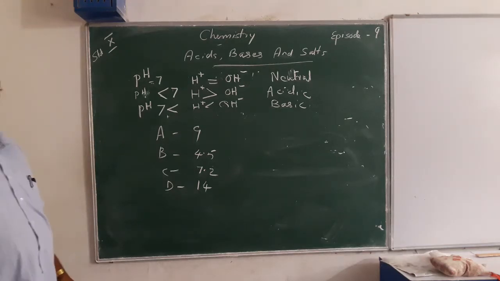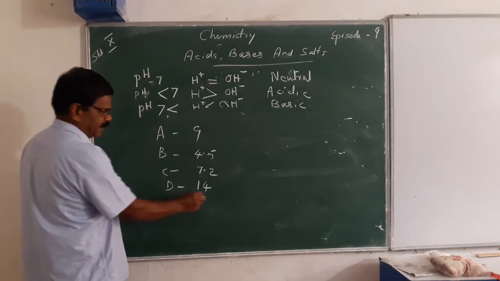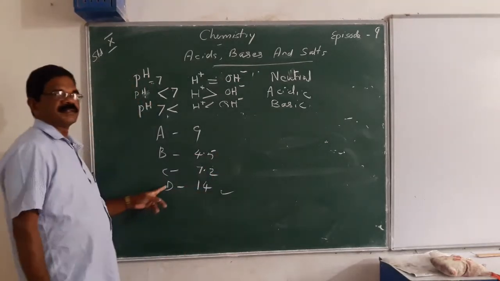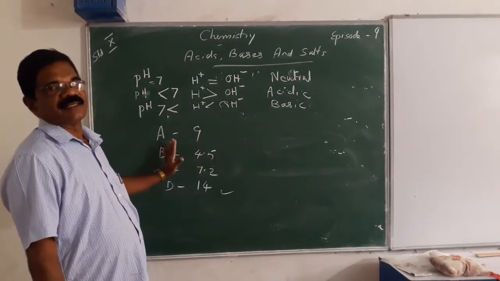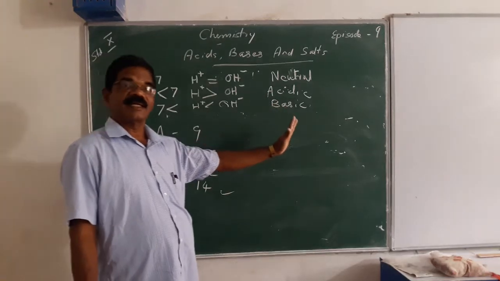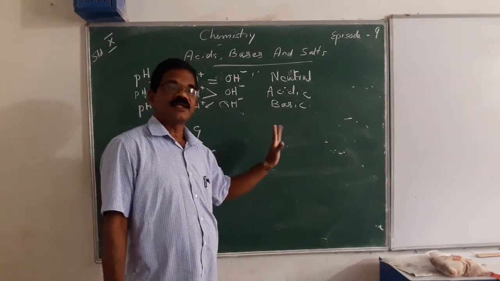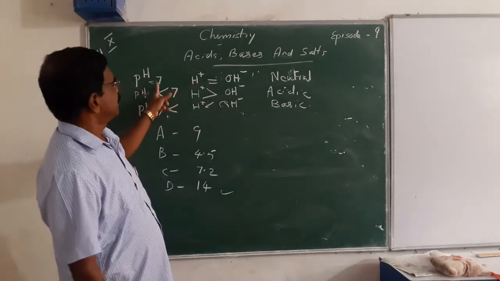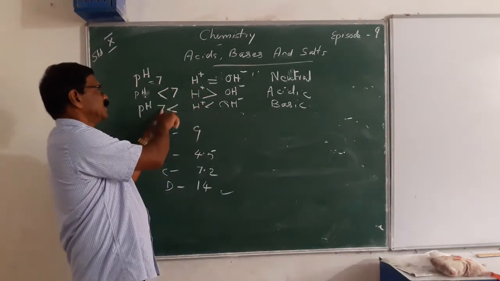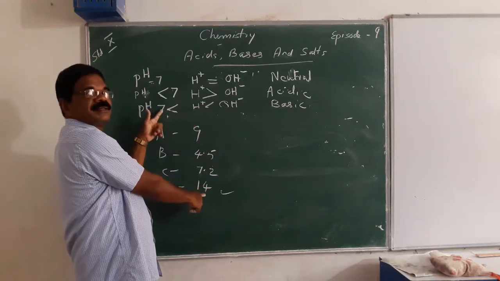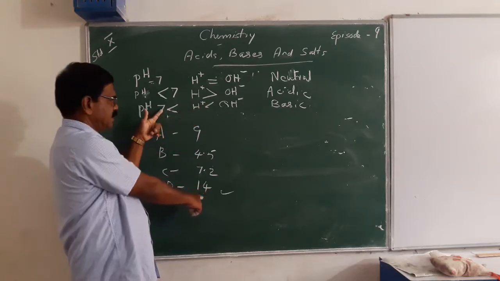We have no doubt. D. Below 7 there are acids. Above 7 there are bases. 7 is neutral. Above 7 basicity increases. Here 14 is the strongest base.